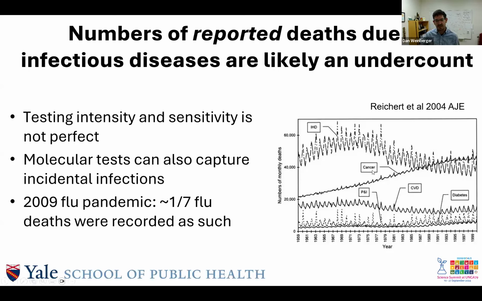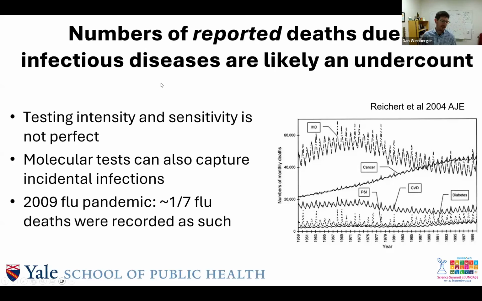These charts are from a paper from quite a while ago now, showing time series of deaths due to cancer, heart disease and cardiovascular disease, diabetes, pneumonia and influenza. For all these different causes, you see spikes in the reported deaths that coincide with spikes in influenza activity, suggesting that what we're attributing to cancer or to cardiovascular disease has some infectious trigger.